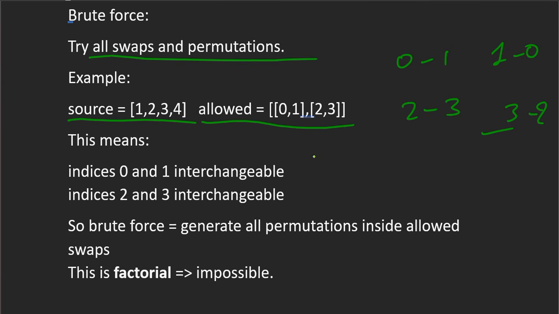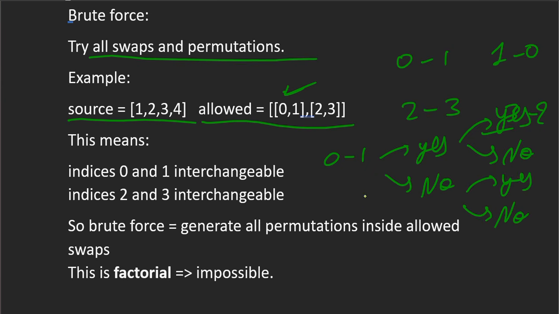Suppose first we check whether we swap 0 with 1. So there are two cases, yes or no. Then again two cases, can we swap 2 with 3? So again yes, no, yes, no. So if you see, basically it is going exponential, right? The total time complexity will be exponential.